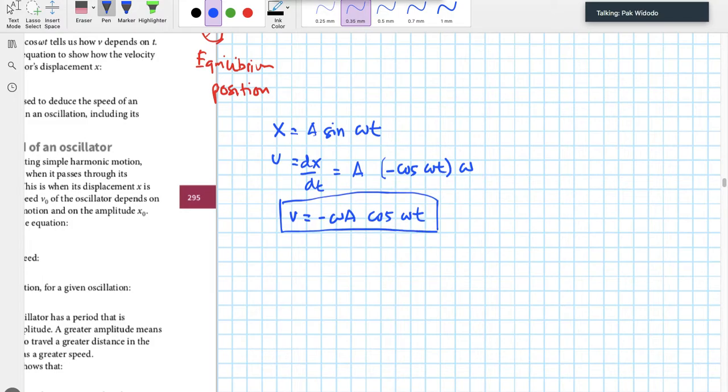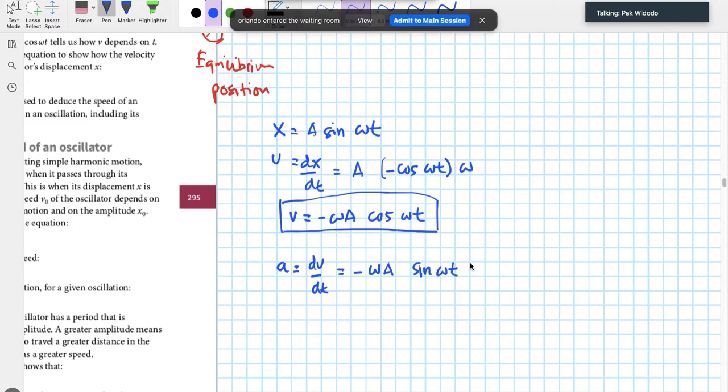So what about acceleration? Acceleration is dv over dt. When we differentiate v, omega a is constant. Then differentiating cos gives sine omega t, and differentiating omega t gives omega, so this is times omega.